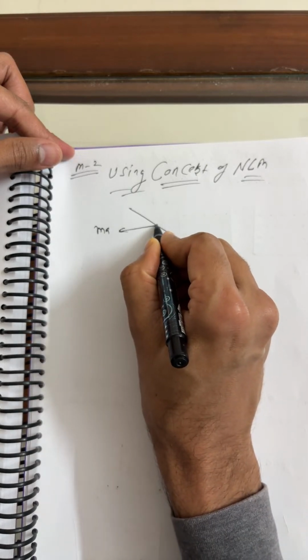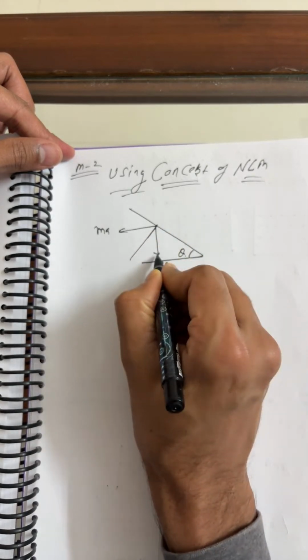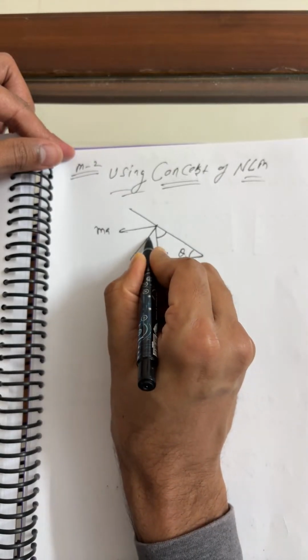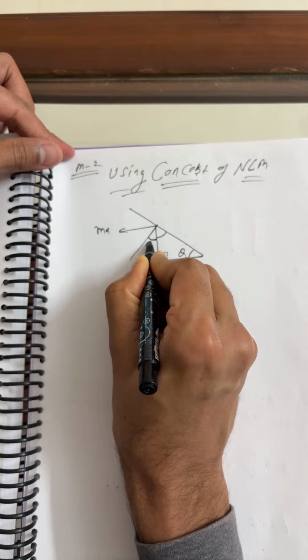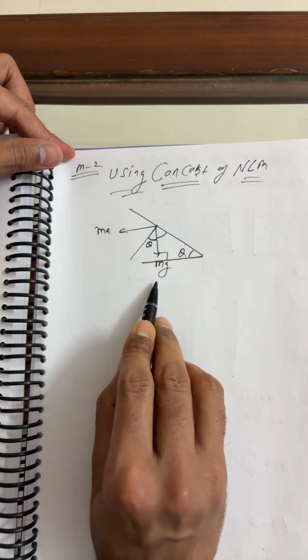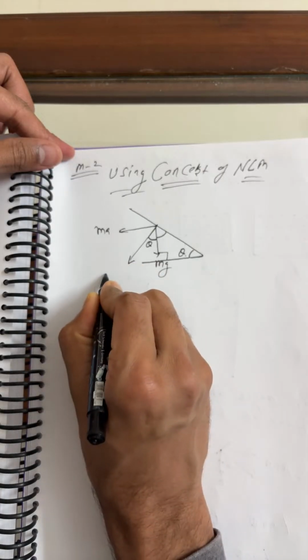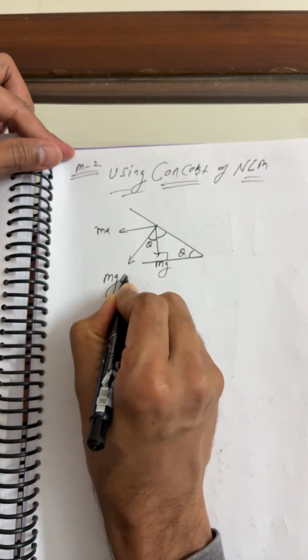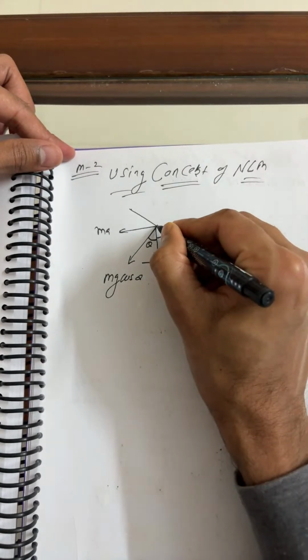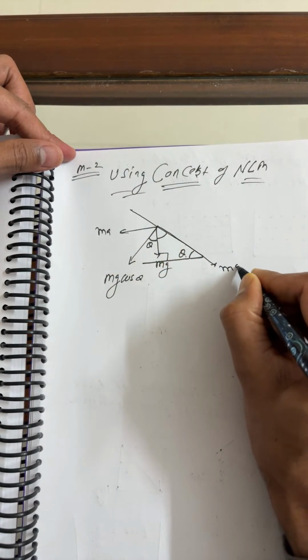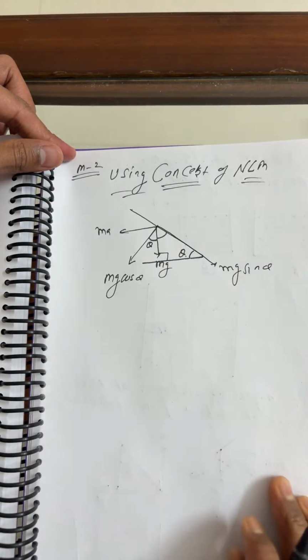This is theta, this is 90 minus theta, and this remains theta. So the components are mg cos theta and mg sin theta.